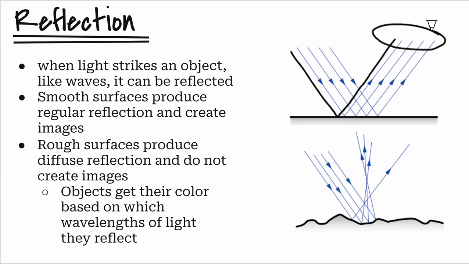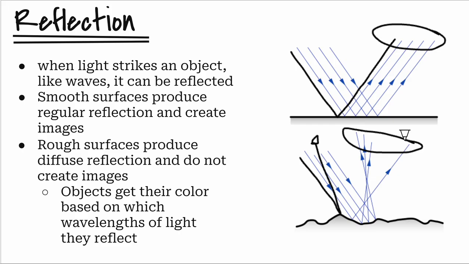If a surface is rough, it produces diffuse reflection. Okay? So you'll see how the light is still being reflected, but because depending on where it strikes is going to affect how it is reflected, then not all of the light is going to reach your eyes, and what does reach it is disorganized, out of order, and therefore your brain can't interpret it as an image.